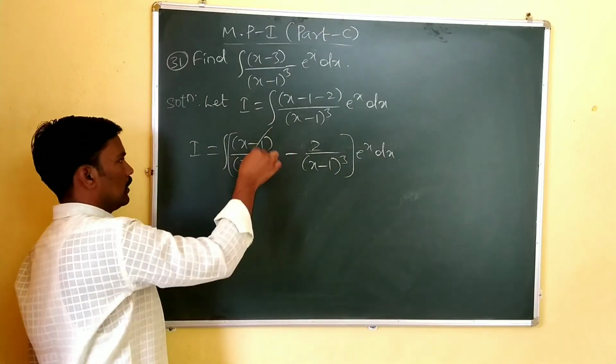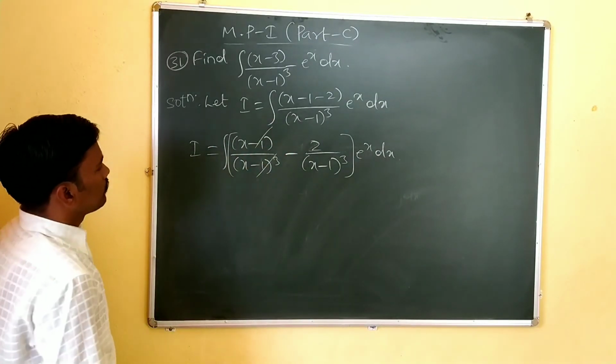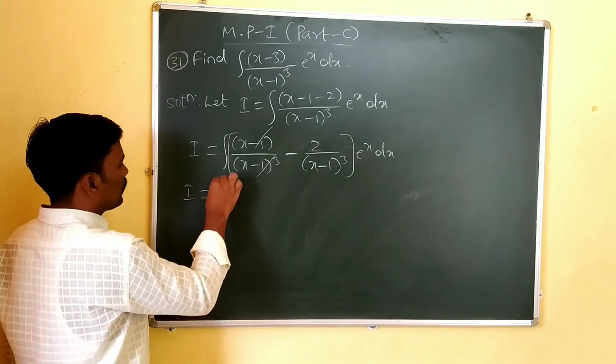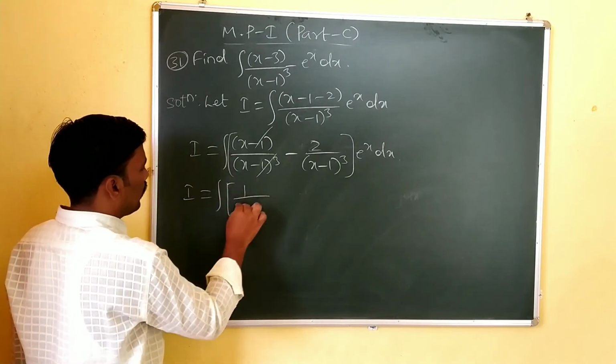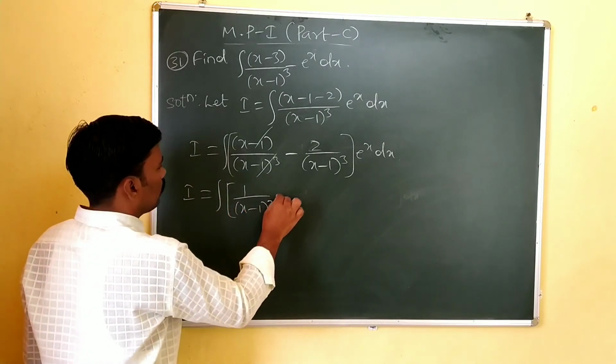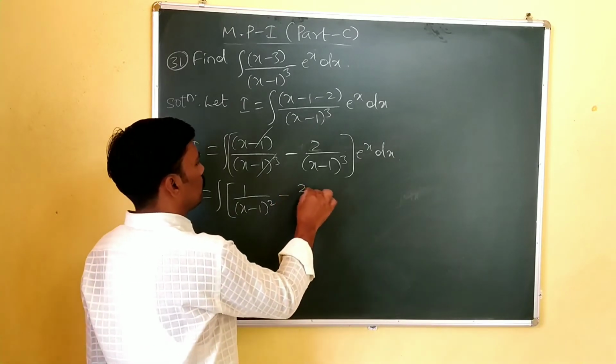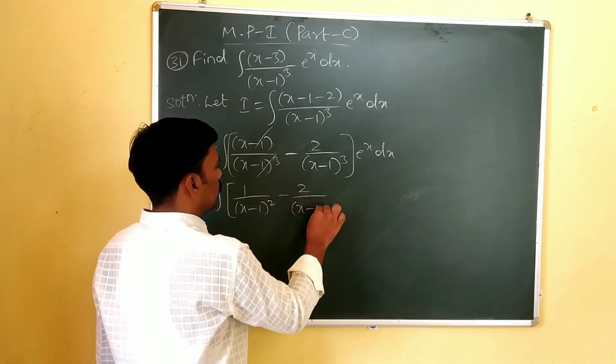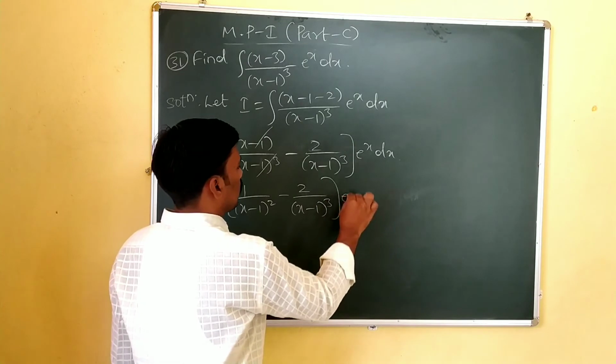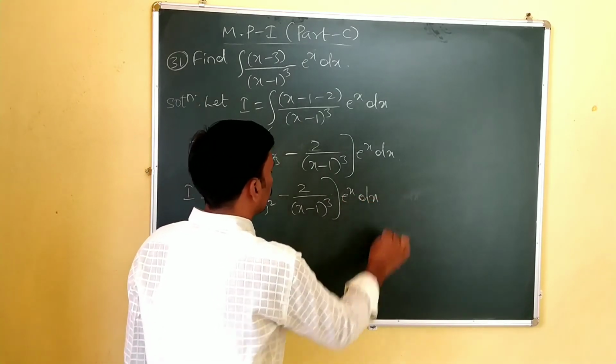Now here one term will be cancelled. I is equal to the integration of 1 divided by (x minus 1) whole square minus 2 divided by (x minus 1) whole cube, e raised to x dx.